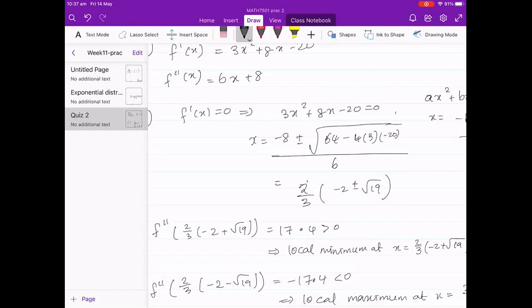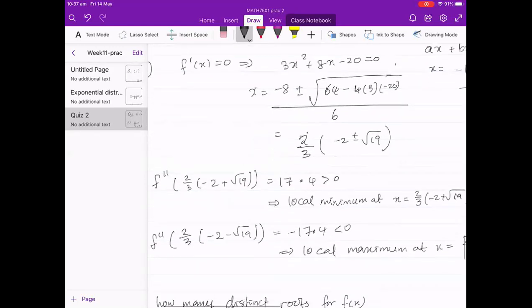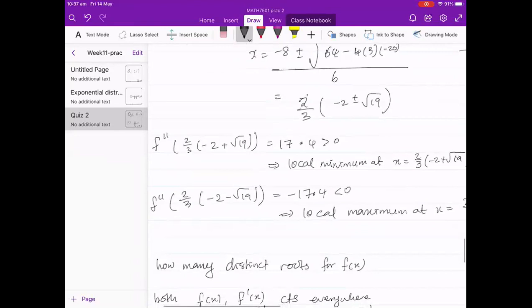I did this before, so I must have the solutions. The second derivative is 6 times x plus 8, which gives 17 and minus 17. Yeah. So one is positive, which is the local minimum. The other one is the local maximum.